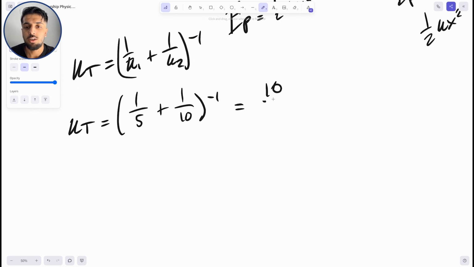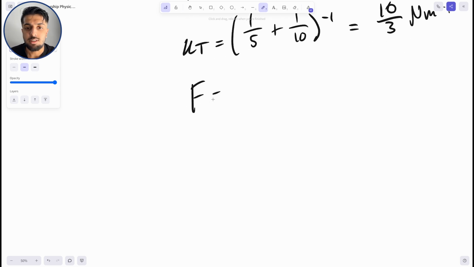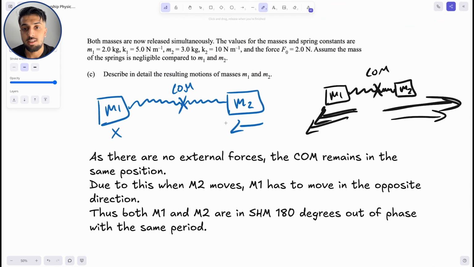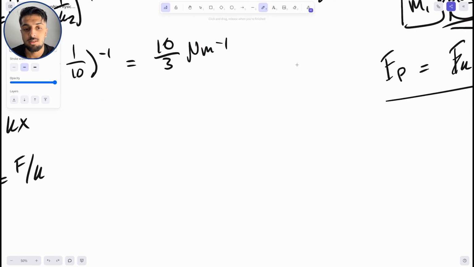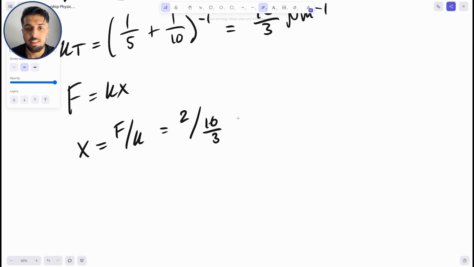And we get 10 over 3 newtons per meter, right? Now from this equation, all we need to do is find our x value, and we know F is equal to kx, so x is equal to F over k. The force applied is given to us, which is 2 newtons, so that's 2 all over 10 over 3. And that gives us an x value of 0.6 meters.